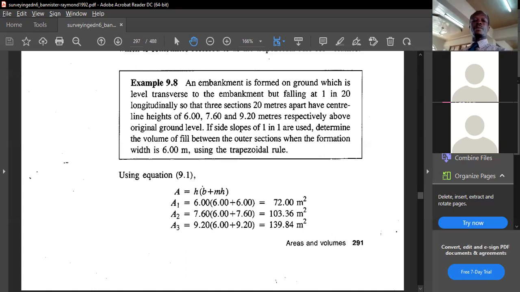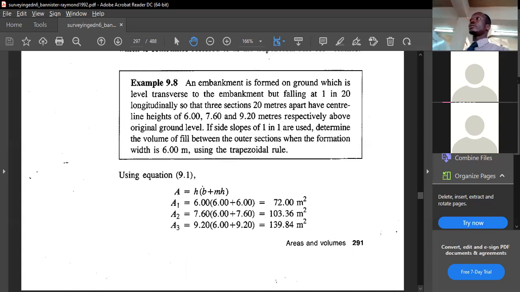Okay, let's move on. So that 3 sections 20 meters apart, so we have 3 sections 20 meters apart, have center lines of 6 meters, 7.60 meters, 9.20 meters respectively above original ground.